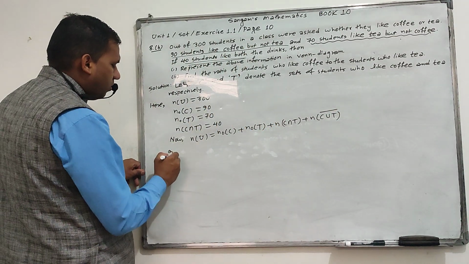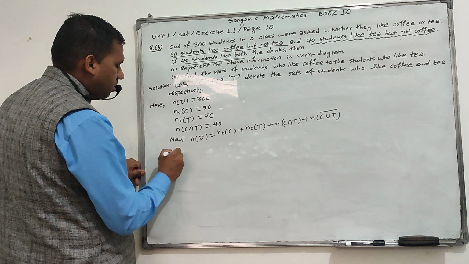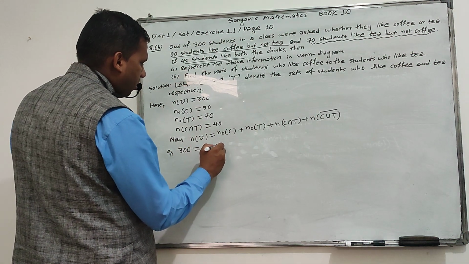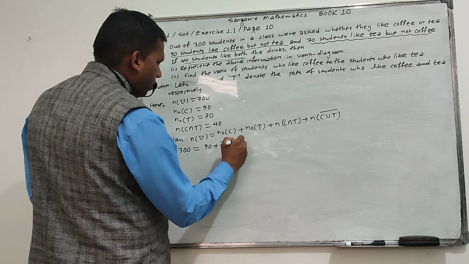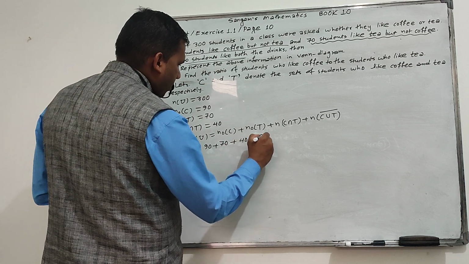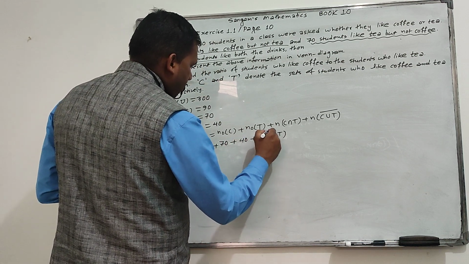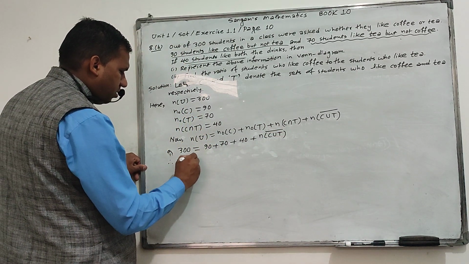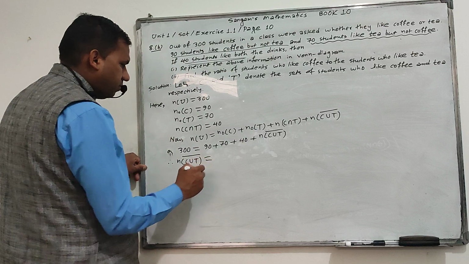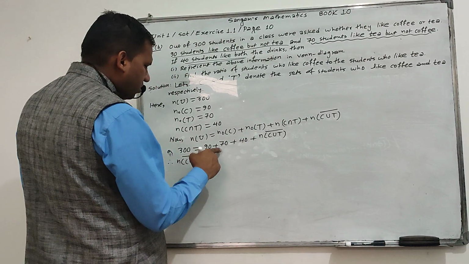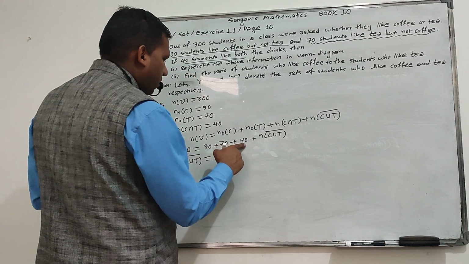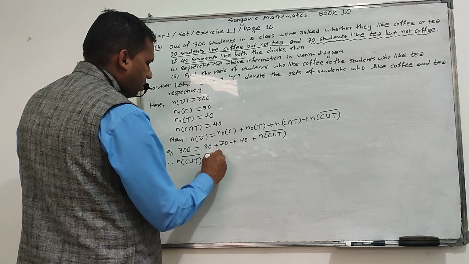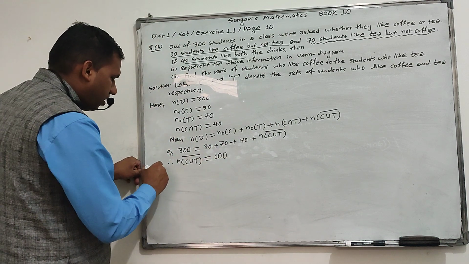So n(U) is 300 equals 90, 70, intersection is 40, plus complement is not given. Therefore, number of C union T whole complement equals 300 minus 200, that is 100.